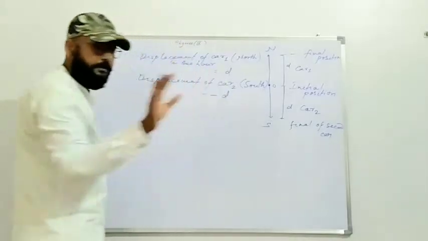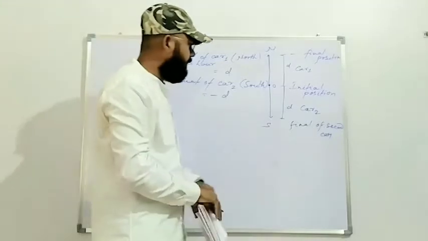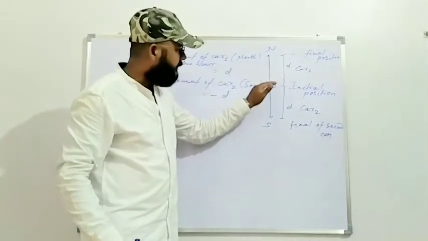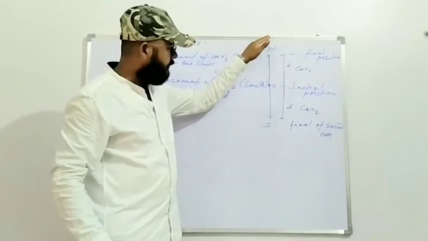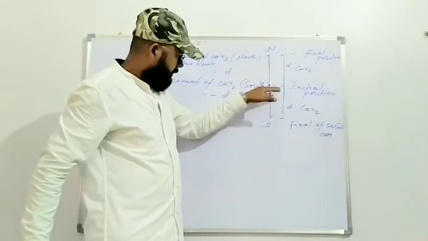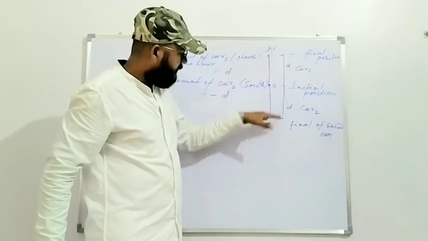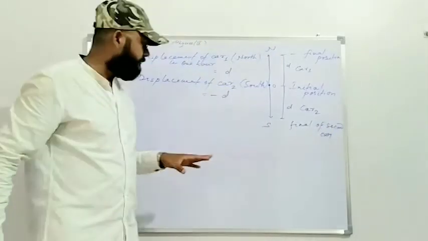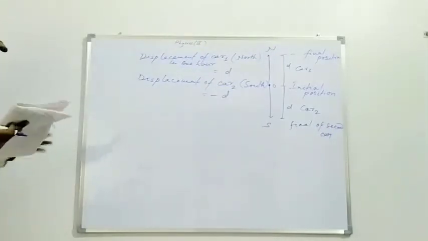But here there should be a minus sign, because the reference point is here, and this is going north and this is going south. If you take this as positive, then this is negative. Got it? Now the next query.